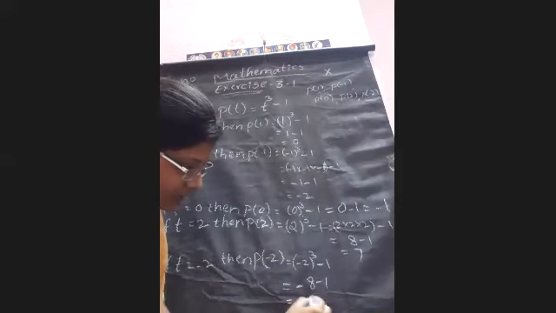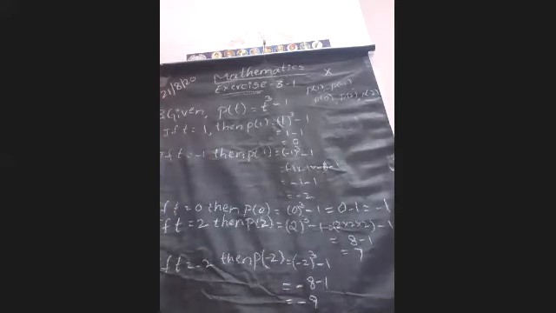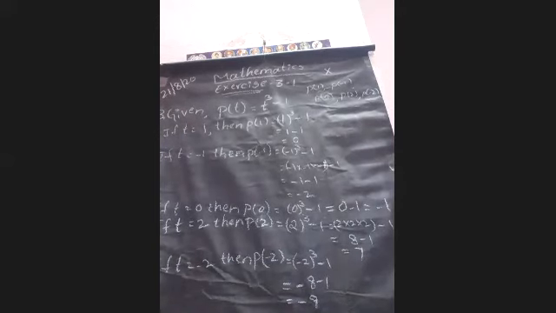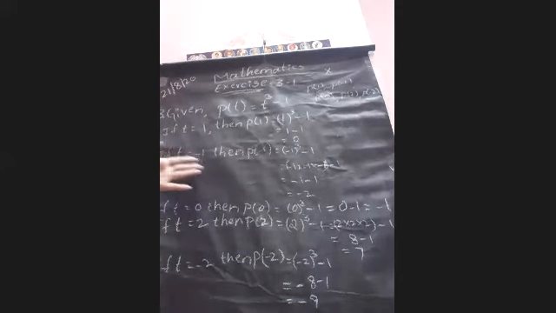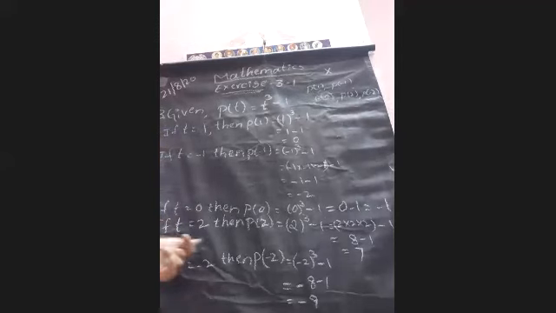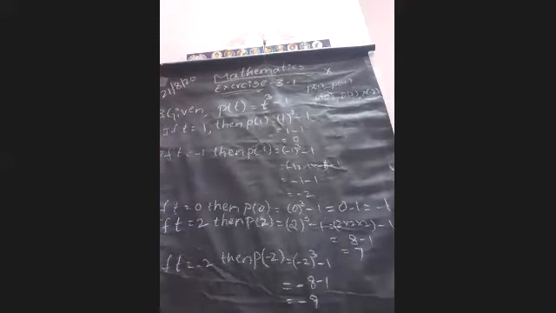Minus 8 minus 1 equals minus 9. We have to check the expression given in the question and substitute one by one: t equals 1, t equals minus 1, t equals 0, t equals 2, t equals minus 2.